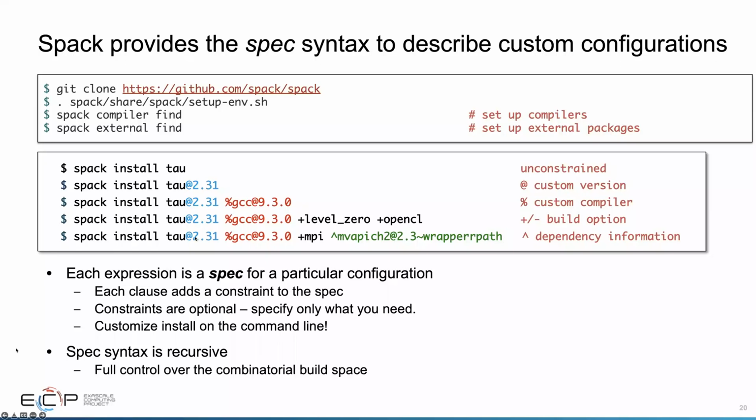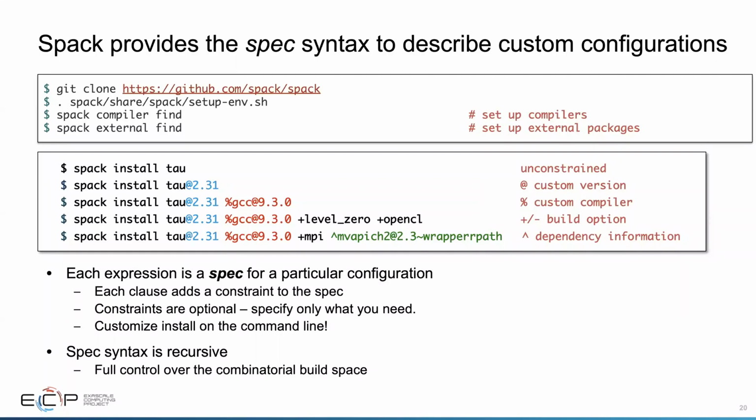You can say Spack install tau with MPI, where MPI is provided by the MVAPICH2 tool, which has a version of 2.3, which is built without the wrapper RPath variant, so that there's no RPath while building the MVAPICH2. You can substitute this MPI with a system MPI, and then you can build a specific version of the tool just the way you want it. Spack is expressive enough with its syntax that allows you to do this.